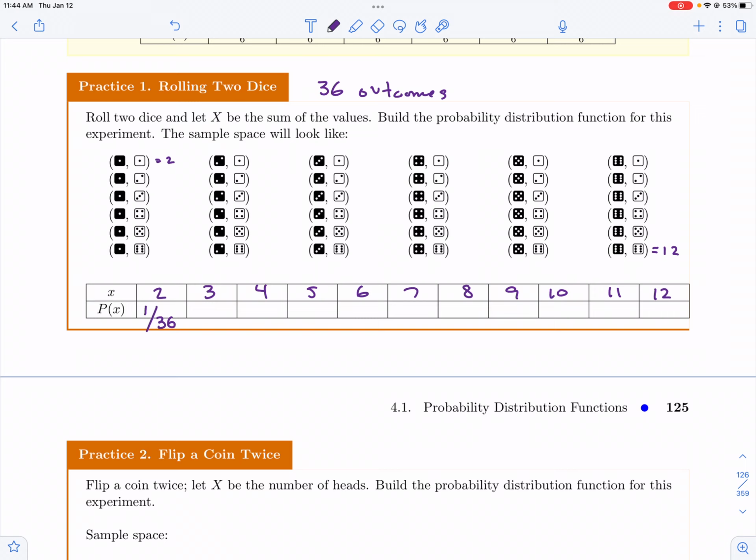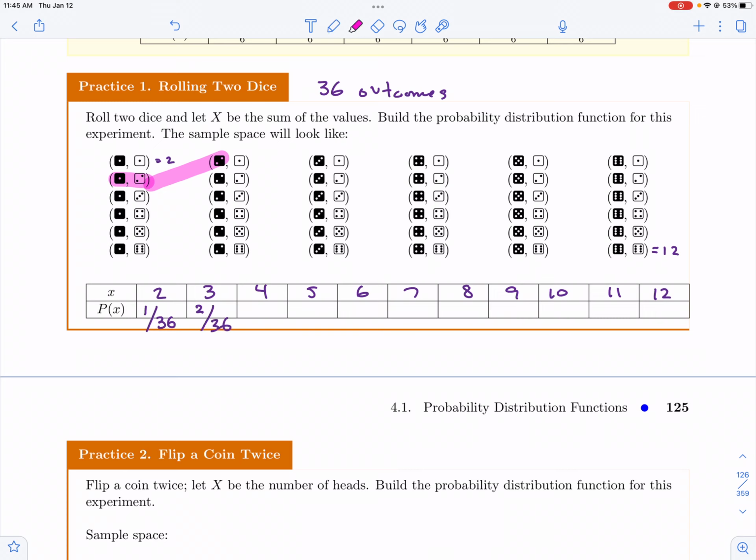Now the cool thing about the chart, and the reason I laid it out this way, is because everything runs along a diagonal. So for example, if I wanted to figure out all the possible ways to roll a 3, if I figure out where my first 3 occurs on the left and just go up at a diagonal, that's going to give me all the possible 3s that I can get. So there's just 2 possible 3s that I can roll out of 36.